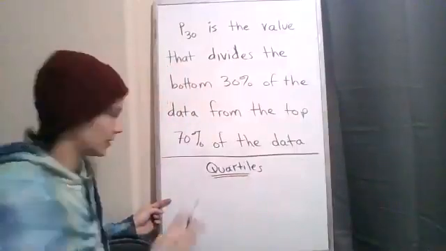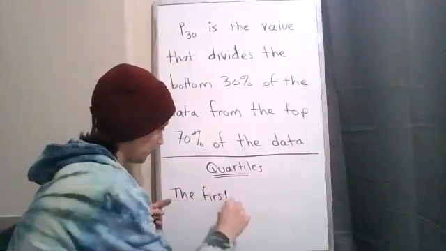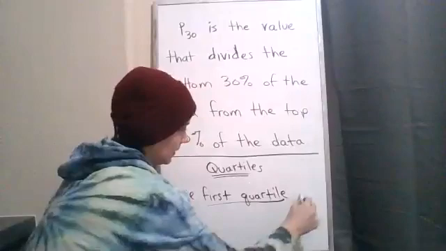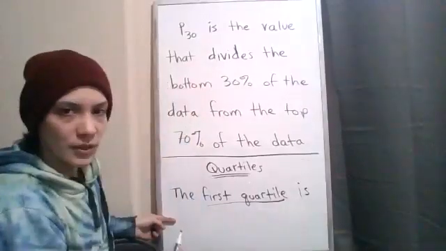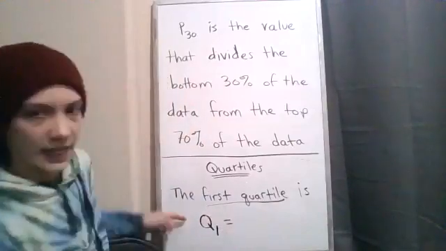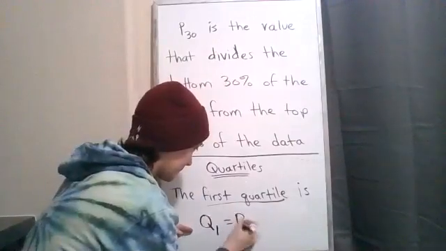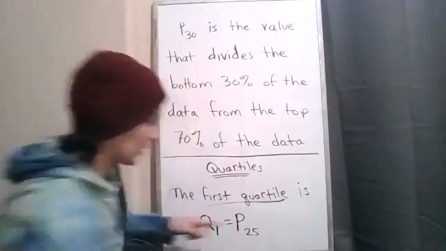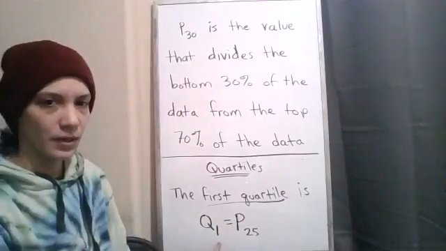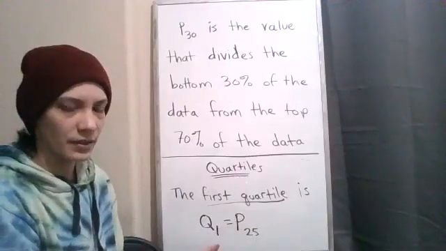Okay, the first quartile is Q sub 1 and it's equal to P sub 25. So the bottom 25%, or the first quarter of the data, is less than or equal to this number we're going to call Q1.